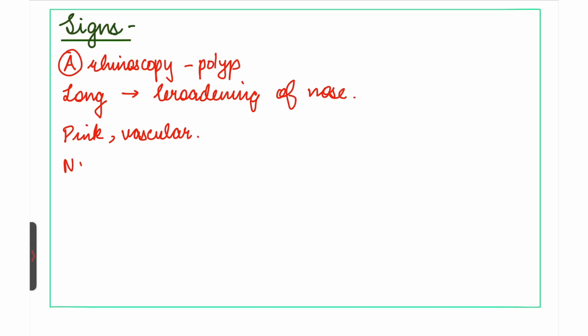The nasal cavity can show purulent discharge due to associated sinusitis again. The signs are appreciated so well that the diagnosis becomes clinical. But we do CT of the PNS also. Why do we do this? We don't do this to diagnose. We do this so that we can exclude the bony erosion and expansion suggestive of any neoplasm. This is because a single solitary polyp can be associated with malignancy underneath.